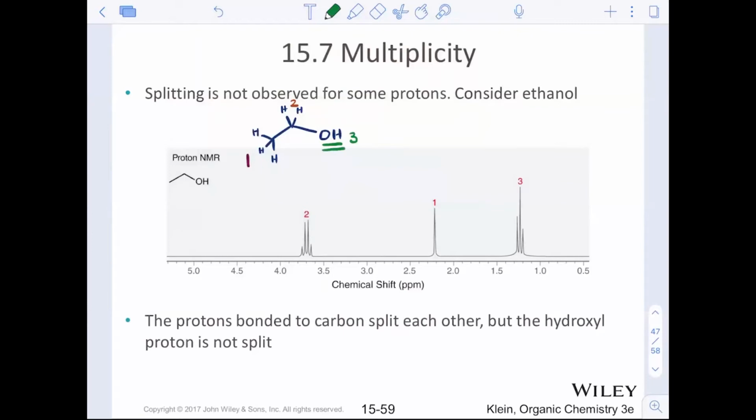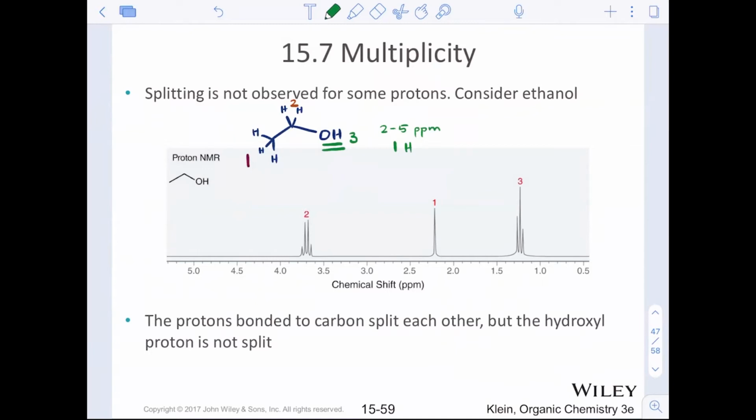1 hydrogen there, right? We would expect it to show up somewhere between 2 and 5 ppm, typical for an OH proton. We'd expect the integration to be 1 hydrogen. And what happens with a proton bonded to a heteroatom, stuff like nitrogens, oxygens, sulfurs, is that they do not contribute to splitting and they do not get split.